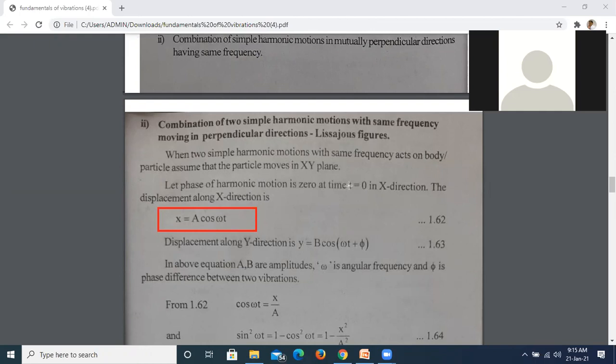If the initial phase is 0, substituting phi equal to 0, the expression becomes x is equal to capital A cos omega t.